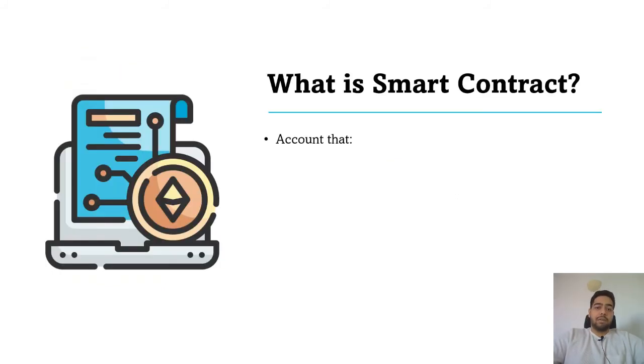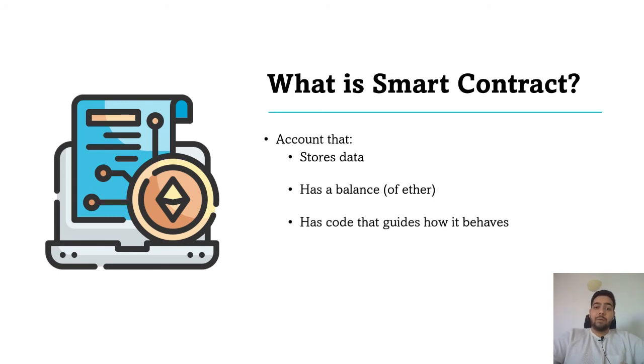Now, what are smart contracts? Smart contracts are accounts that store data, that can have a balance of Ether in them, and they have all the code that guides how this contract will work. And smart contracts are written in a programming language that is called Solidity.